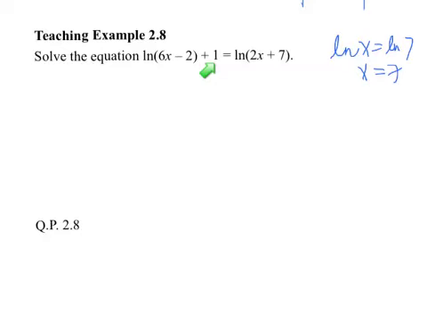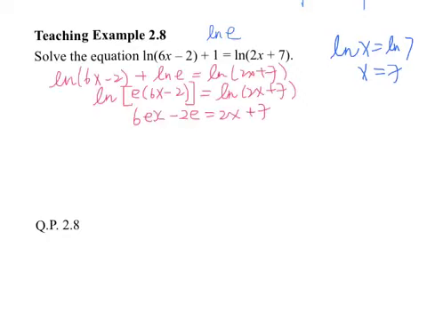So remember, 1 equals ln e. Compare the content inside. Then we got the new equation. Do grouping like we have done before. Then we do the grouping.